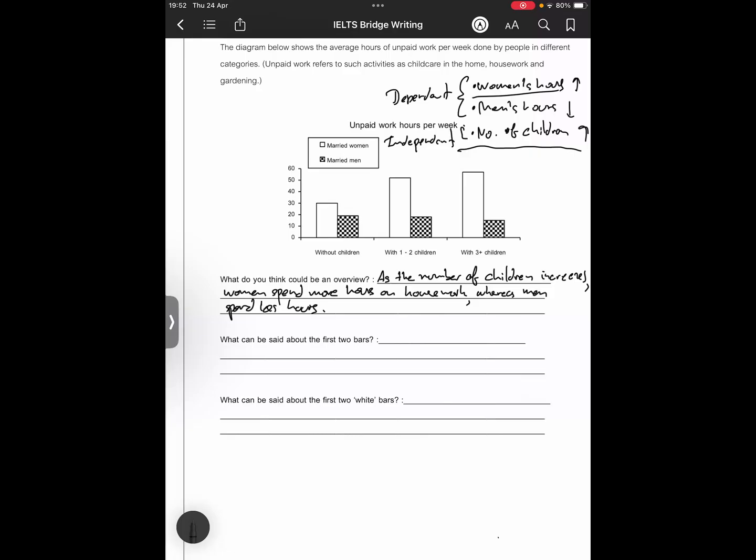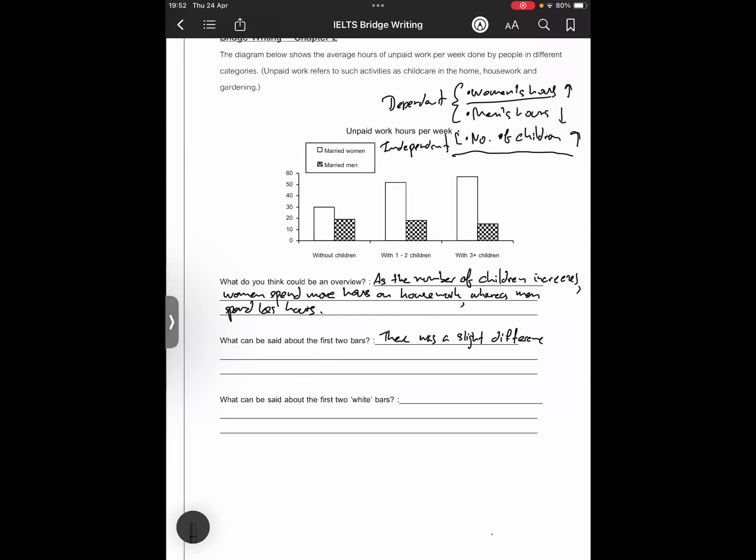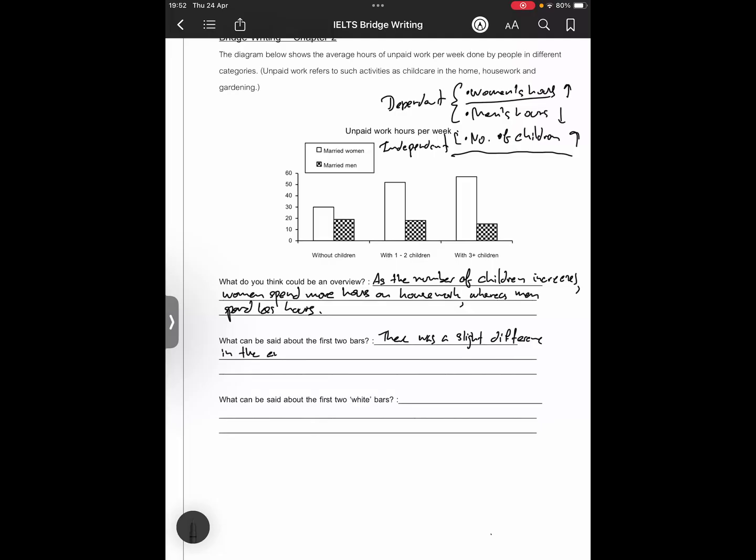So we can just say there was a slight difference in the amount of time men and women spend on housework.